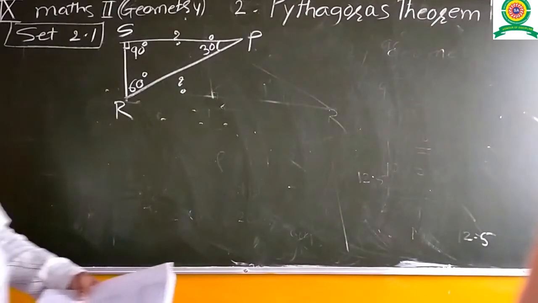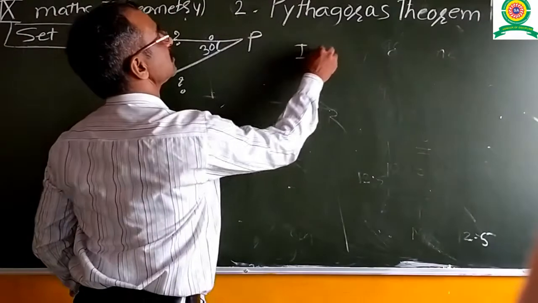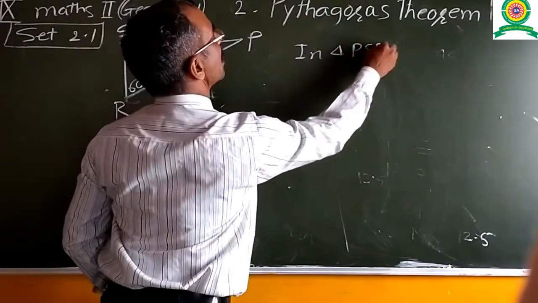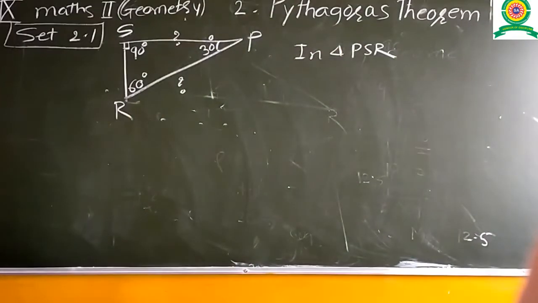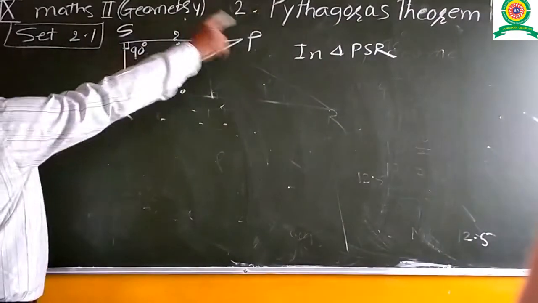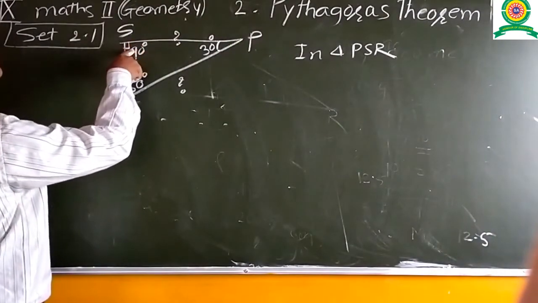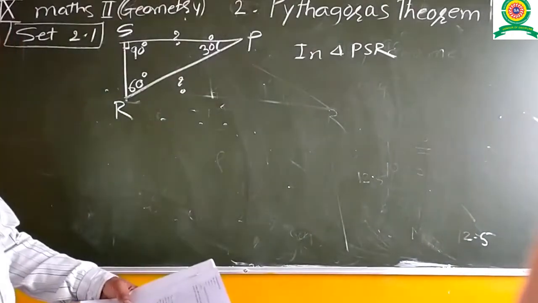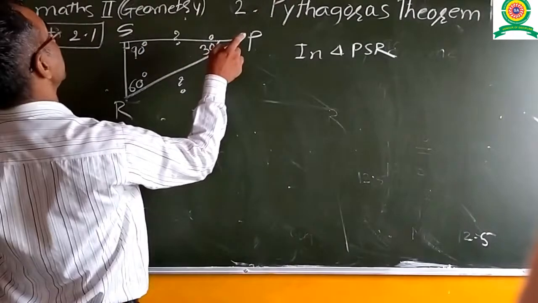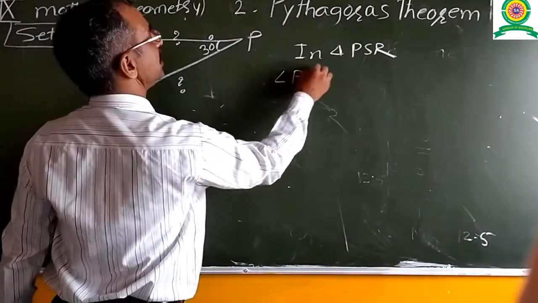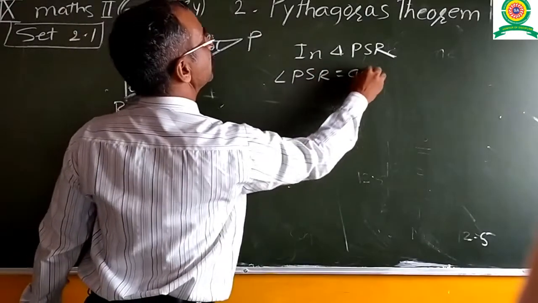So in triangle PSR, PSR is a right angle triangle and angle PSR is 90 degrees.